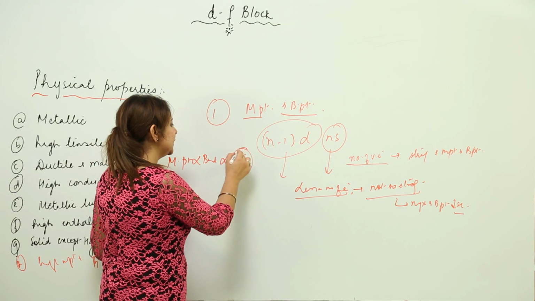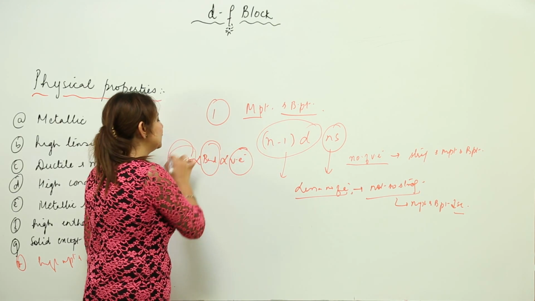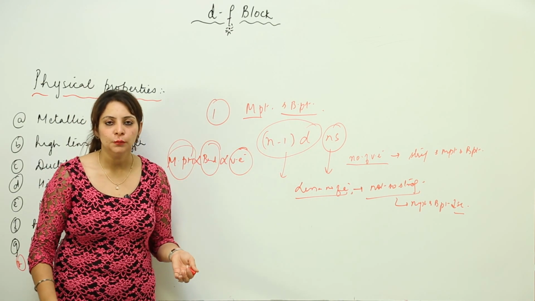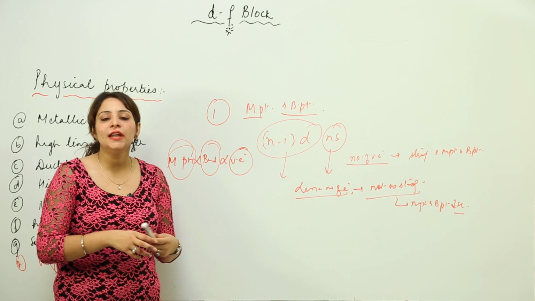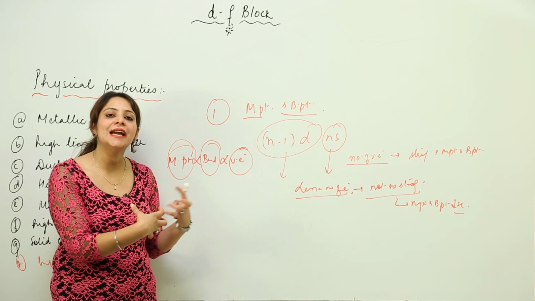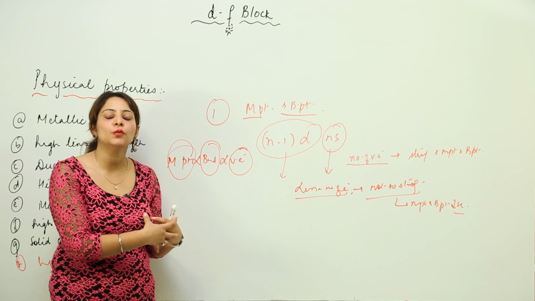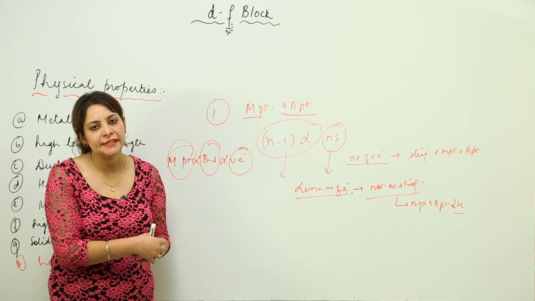So fewer valence electrons mean a less strong bond, and a lower melting or boiling point. That is why we see a slight increase at first, but after that a decrease in the melting and boiling point.